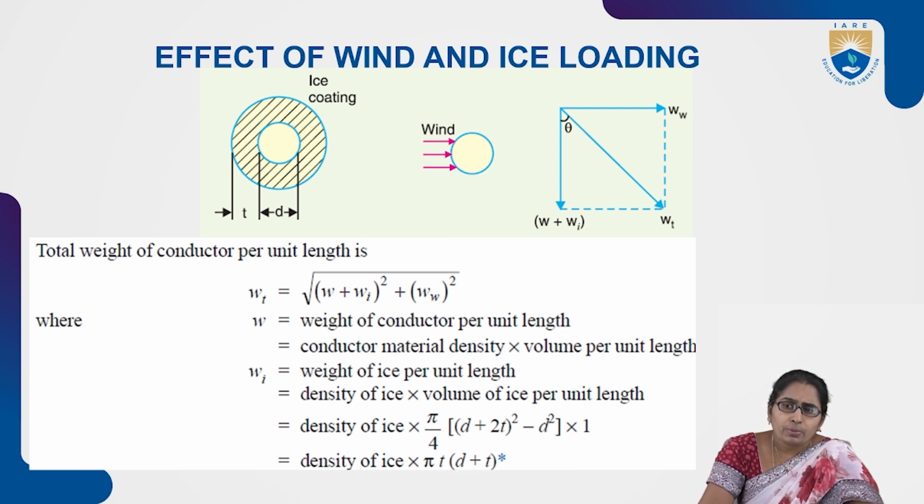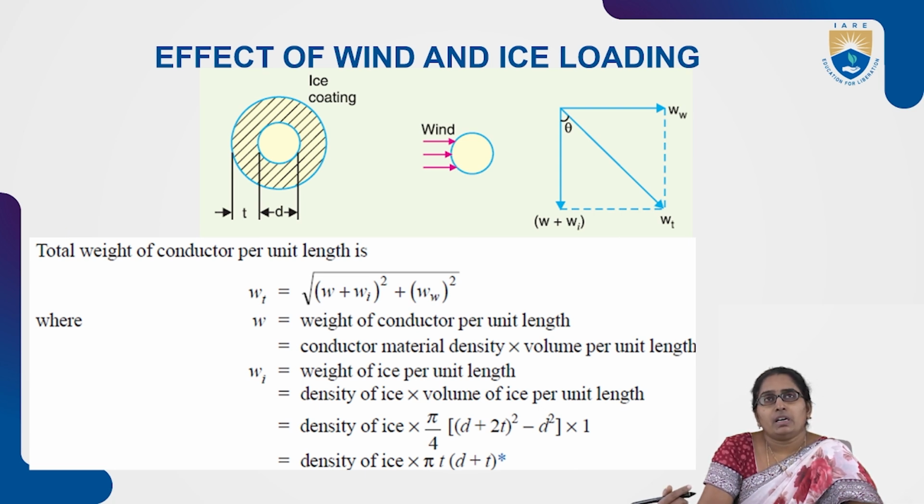We know that sag is affected not only by the weight of the conductor and the length between the supports, but also by atmospheric conditions, such as temperature conditions, and so on.